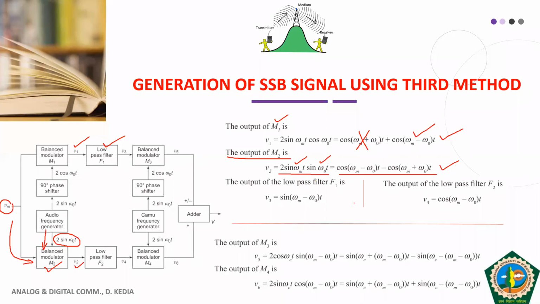In the case of M2, this is the low frequency that will be passed through, and this is the high frequency which will be removed. So the output of low pass filter F1 is sin of (ωm minus ω0)t. Similarly, the output of low pass filter F2 is cos of (ωm minus ω0)t.